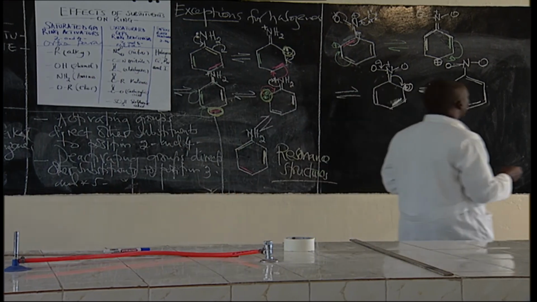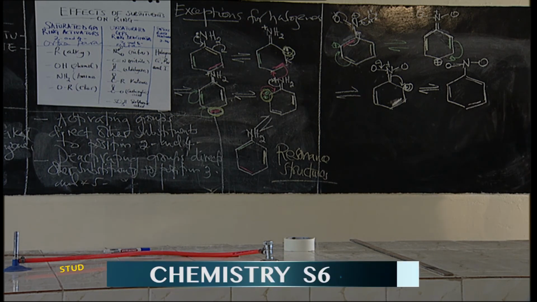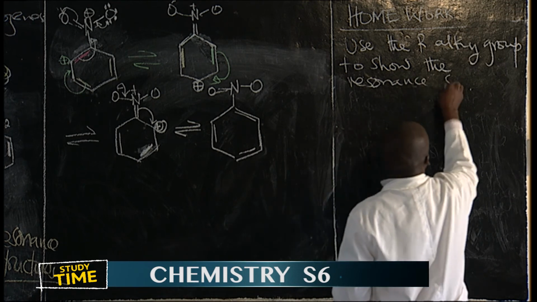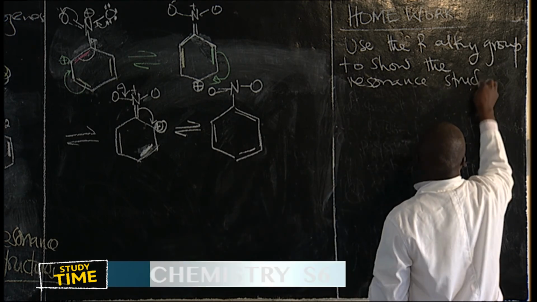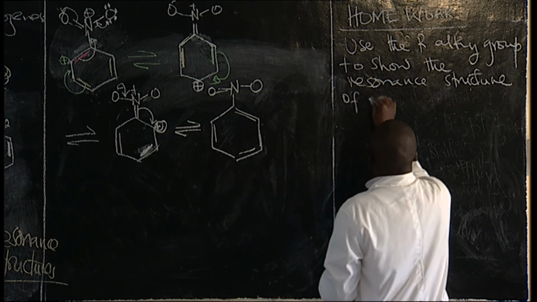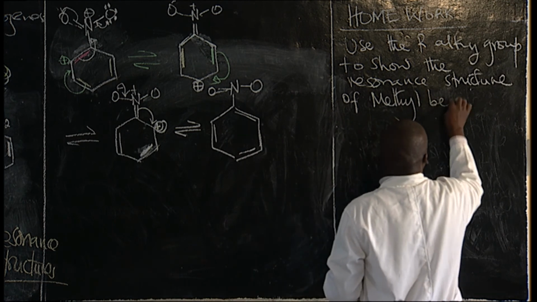I beg to stop here, but first of all, I will just want to give you an exercise that you have to cut out. Use the methyl group to show the resonance structure of methyl benzene.